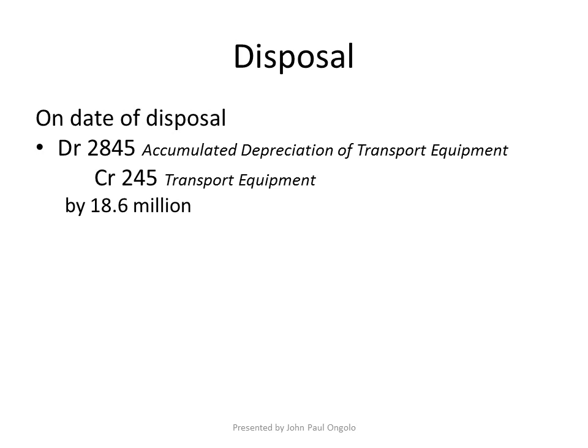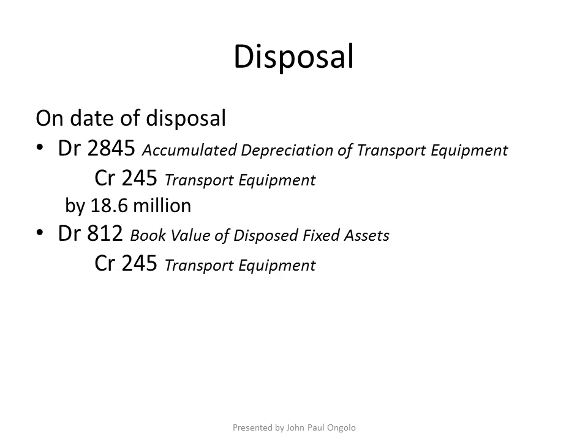It means that at that given point in time, the balancing figure in that account is the net book value of the asset. And so the next stage is for us to debit account 812 by the book value of the disposed fixed asset, and we credit account 245 transport equipment by the 17.4 million, which is the book value of that asset at the date of disposal.